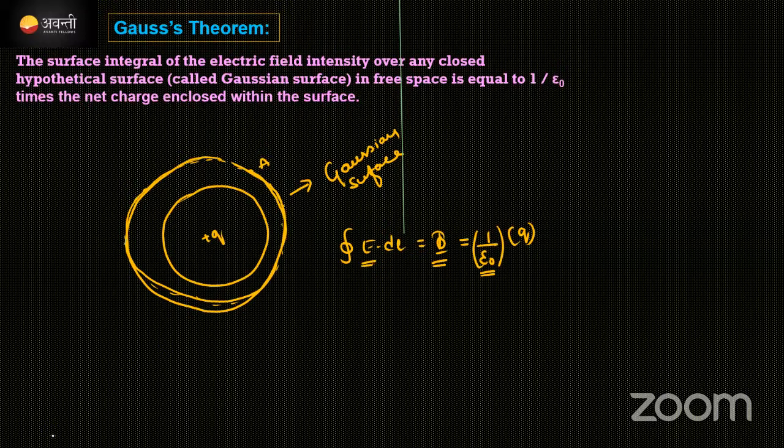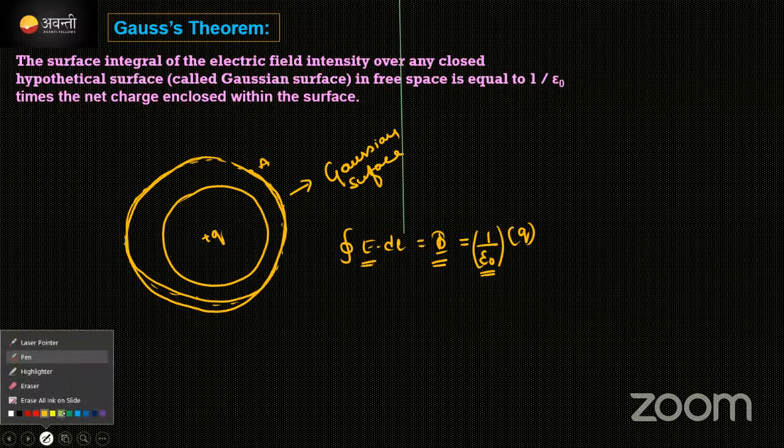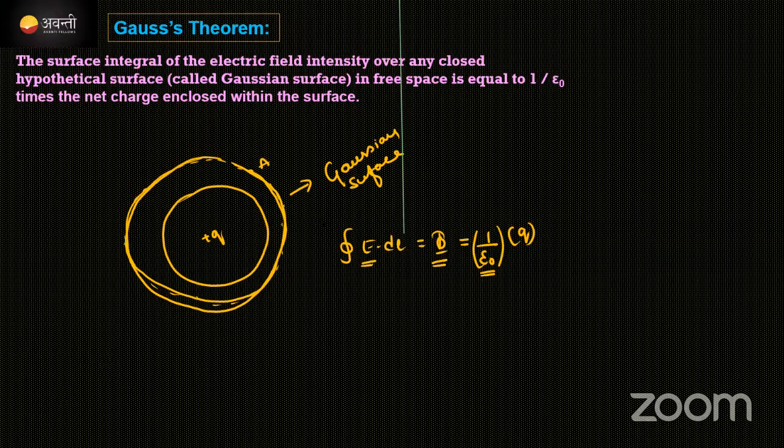Is it understood, right? According to this law, in a closed integral of E dot dl, E dot dl is nothing but flux, guys. Just remember flux. E dl cos theta or E dA cos theta, we wrote in a similar way. Understanding, right?